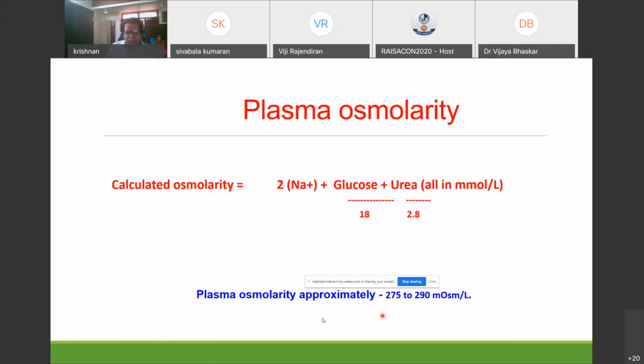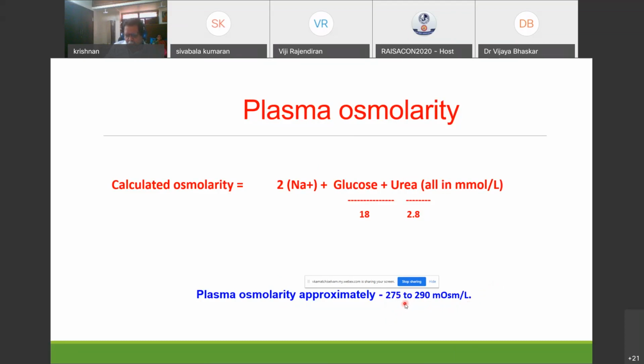This is our plasma osmolarity. Any fluid that you give which has an osmolarity of say around 350, we call hyperosmolar. And any fluid which has an osmolarity of say around 220, we call hypoosmolar. That is, we call it hypotonic or hypertonic.